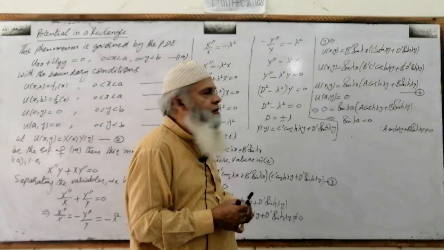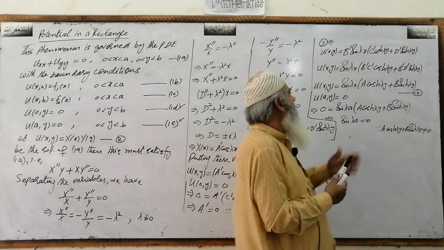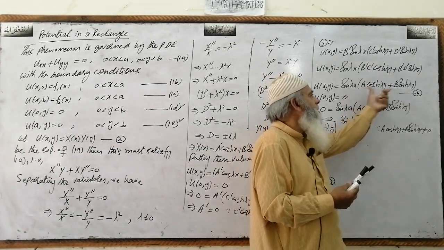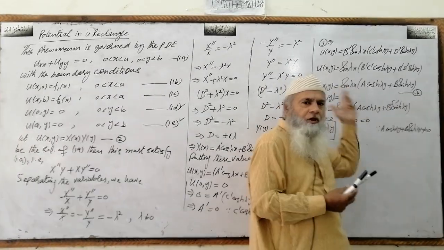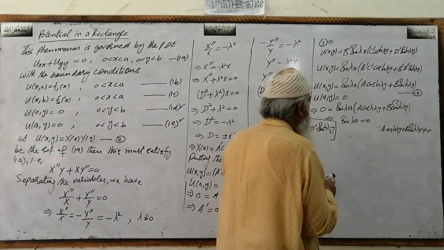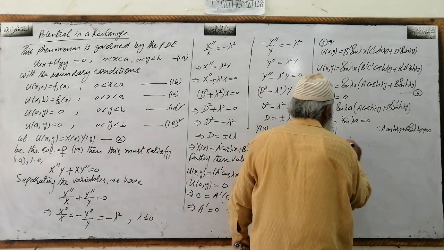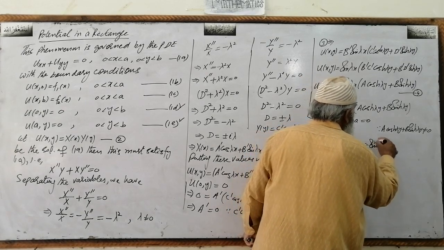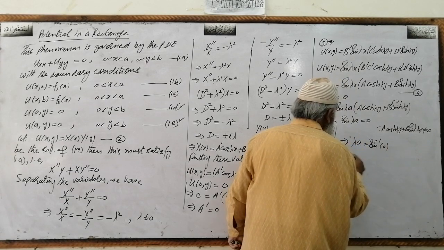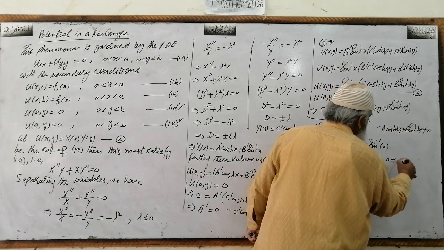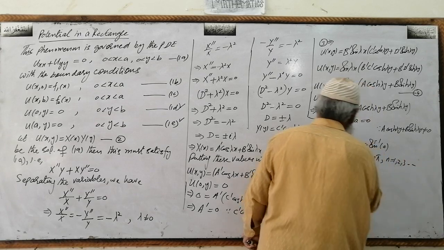This should be non-zero. And what we get from here? We get lambda a is equal to sine inverse 0, and this will give you lambda a is equal to n pi, where n is equal to 1, 2, 3 and so on.